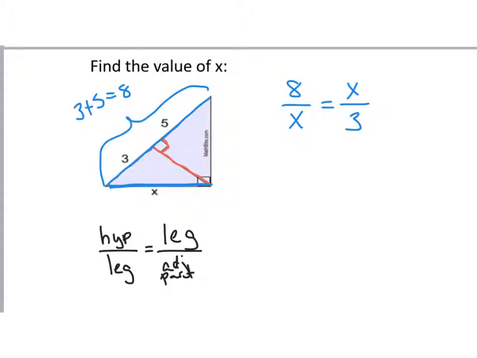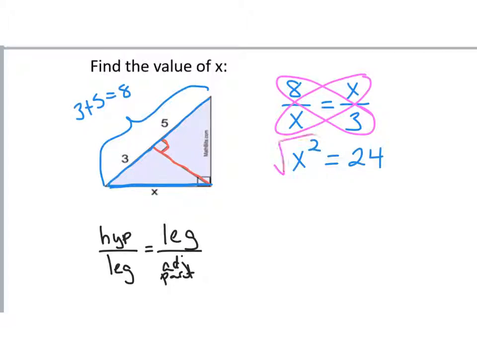Okay, so now I just need to cross multiply. When I cross multiply, I get x times x equals 8 times 3. And then I can go ahead and unsquare, and to unsquare something, we square root. The square root of 24 should be just under 5.